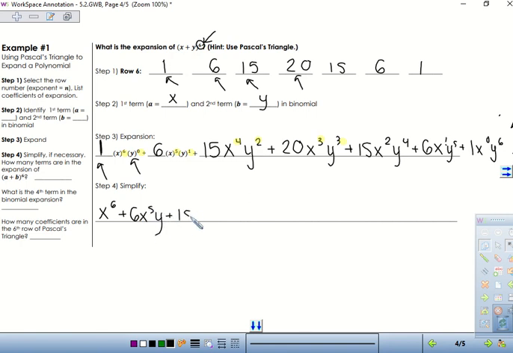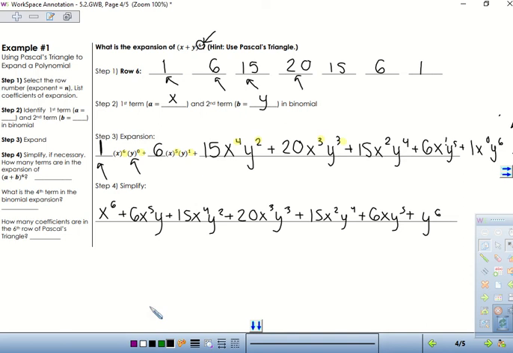Then we just write these middle ones because we can't do anything to simplify those. I don't need to write an exponent of 1. And then the very last one is just y to the 6 because x to the 0 is just 1.